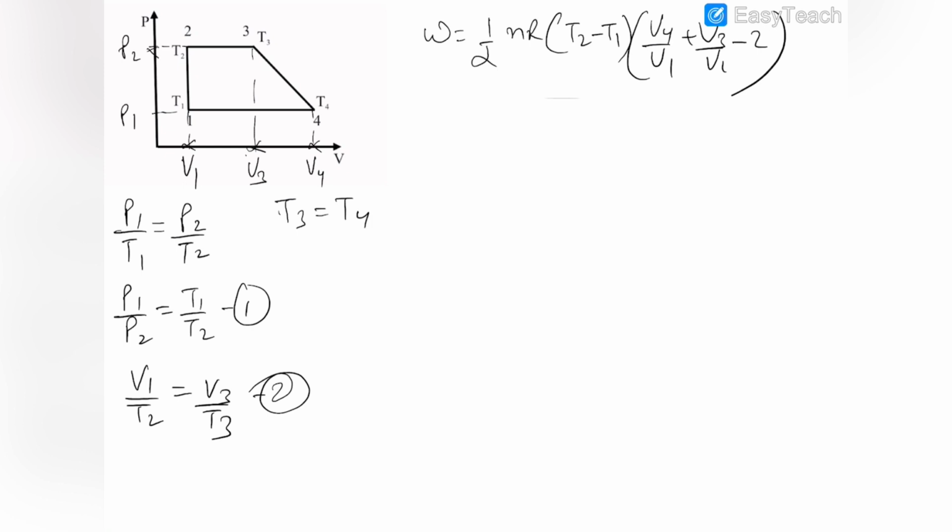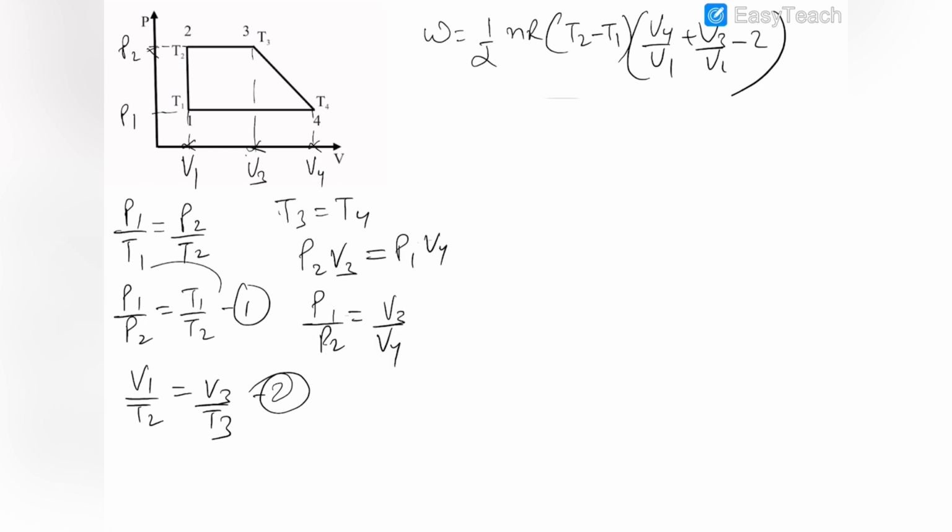Now you can also say that T3 is equal to T4. So I can say that P2 V3 by nR is T3, which is equal to P1 V4 by nR, which is T4. So P2 by P1 is also equal to V4 by V3, or we can write it down as P1 by P2 is equal to V3 by V4.